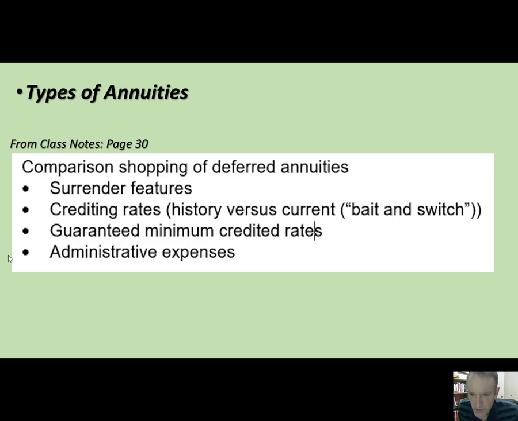And then administrative expenses, what kind of charges will they charge you? And that can sometimes be hidden in the footnotes. We saw that with the equity-linked annuities. So if you're trying to compare annuities, it is easier to compare than with life insurance. There's not quite as many bells and whistles, but we saw with equity-linked annuities, some products are very, very complex.